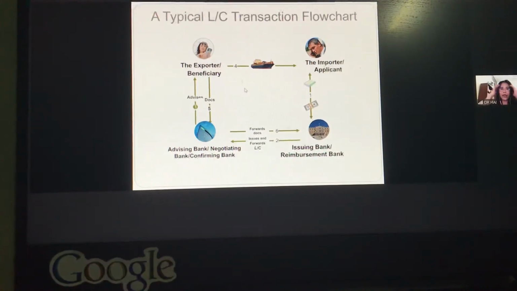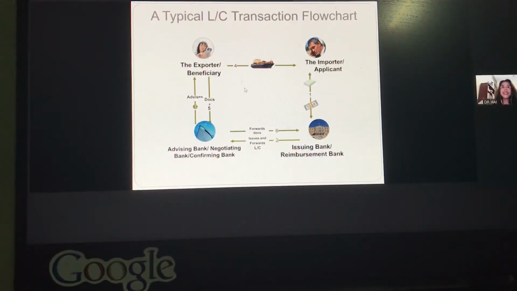So you know two different things. The first one is to ship the goods to the importer. The second thing is you need to collect payment from the importer or from the issuing bank. From the issuing bank. Right, from the issuing bank.